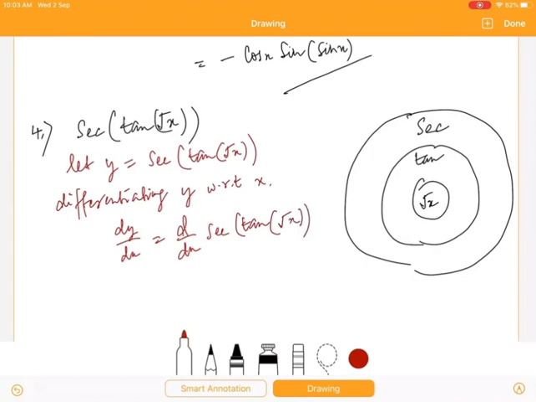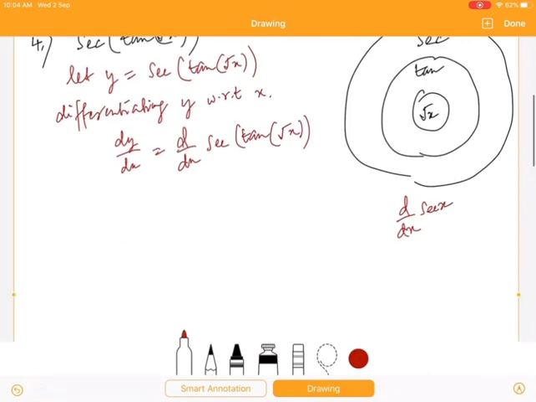Now the differentiation of sec x is what? The differentiation of tan x is sec square x, but the differentiation of sec x is sec x tan x. Please remember this one, guys.